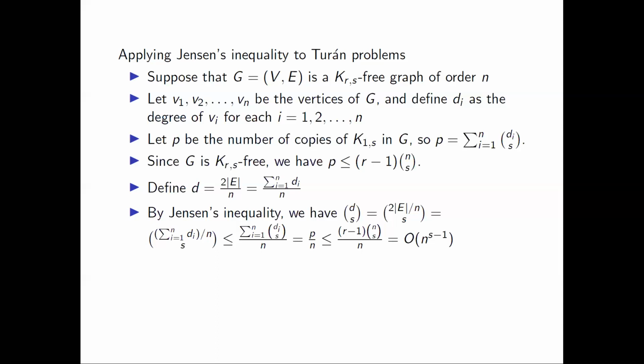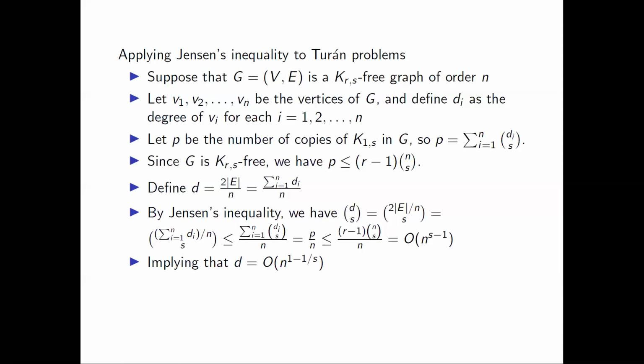And we know from the fourth bullet that P over n is less than or equal to R minus 1 times n choose s over n. And if we write this in big O notation, we can say that that is big O of n to the s minus 1, because the numerator is big O of n to the s and the denominator is n. So we have that D choose s equals big O of n to the s minus 1.